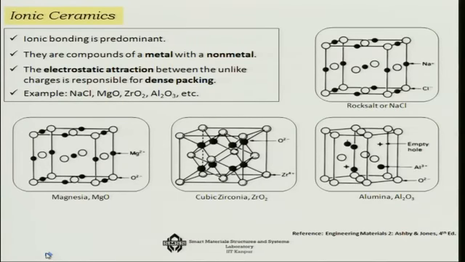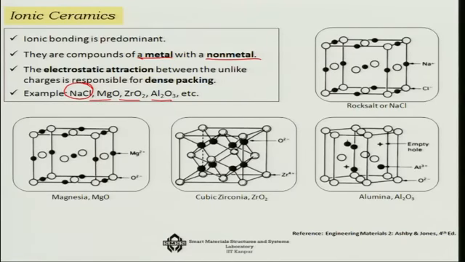There are very popular examples of ionic ceramics. The common salt that you take is the ionic ceramic, sodium chloride. Then of course magnesium oxide, zirconia, alumina, these are all ionic ceramics. They have a metal non-metal combination, and that is what makes these bonds ionic.